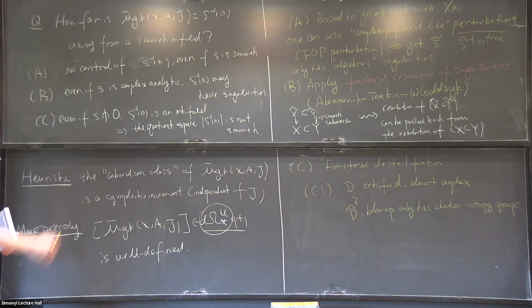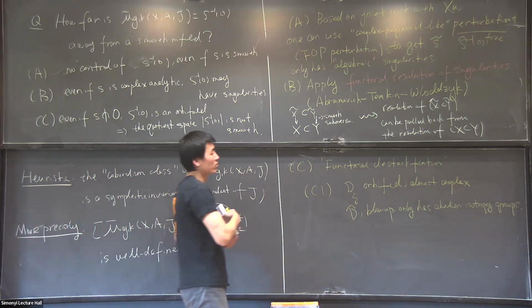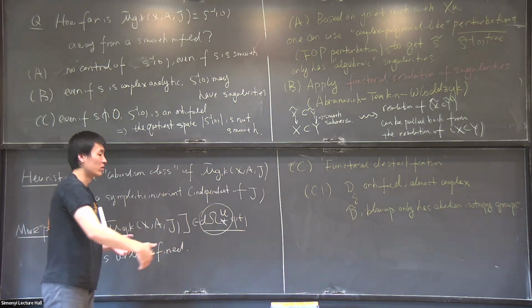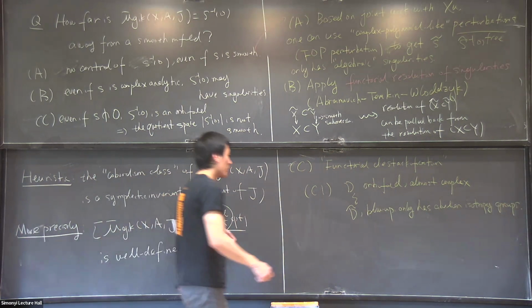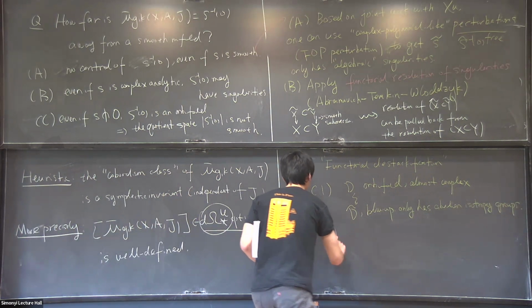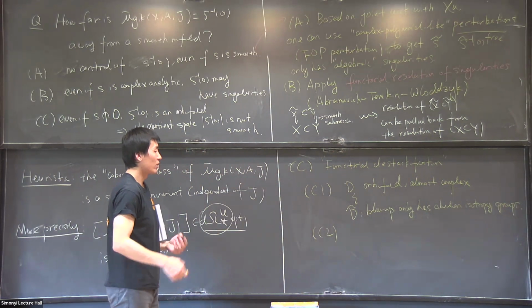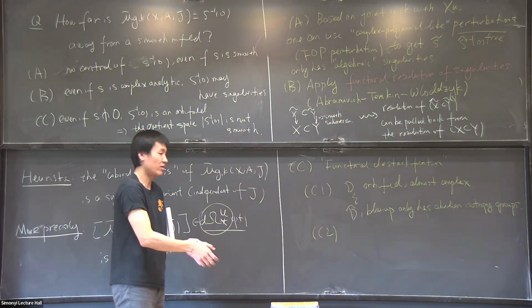So that's the first step. This step allows us to more or less reduce the singularities to toric models. In the second step, there is a way of trying to make these local characters independent.